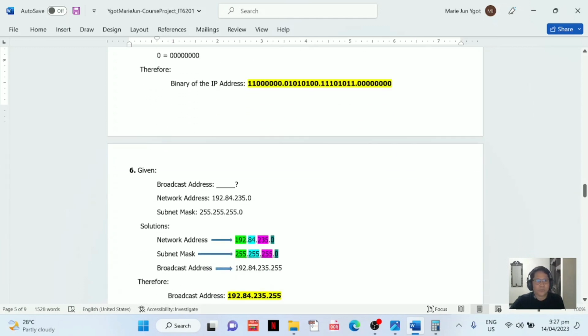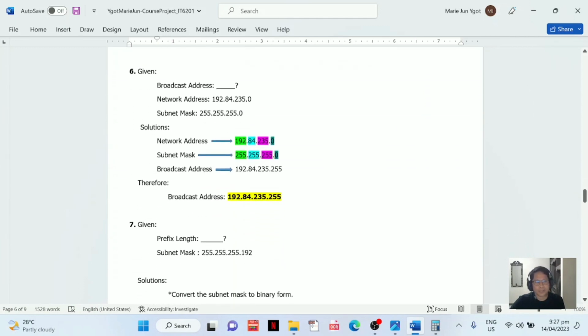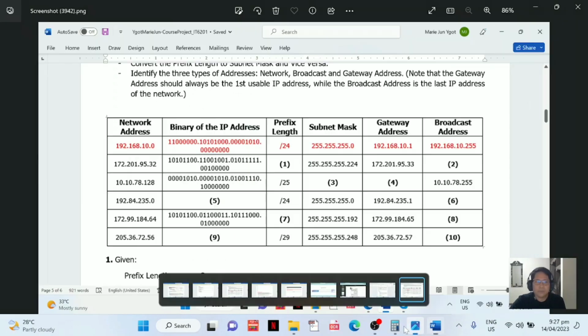Okay, so let's move on to our sixth problem. So let's put it here. So our sixth problem, where's the sixth problem? Okay, so we need to find the broadcast address.